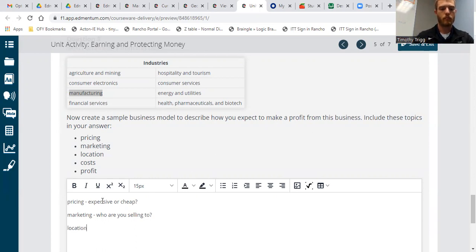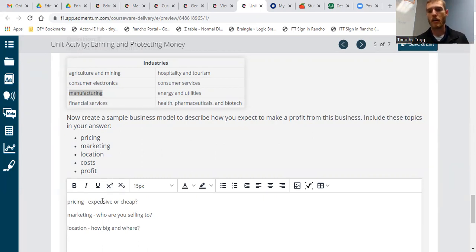Location. Are you going to be international, or is it just going to be a local business or something that's nationwide? Okay, how big? So this is what you need to answer here.